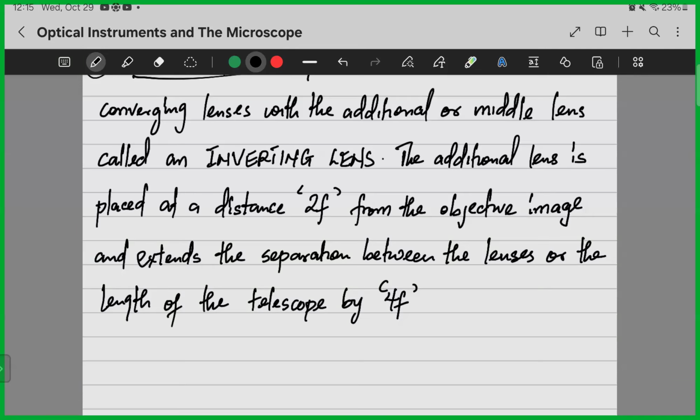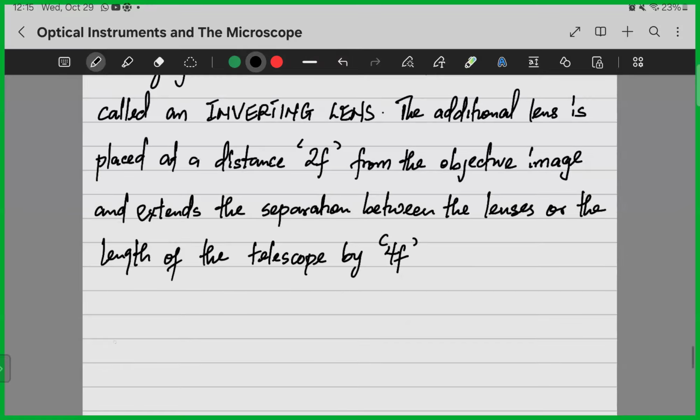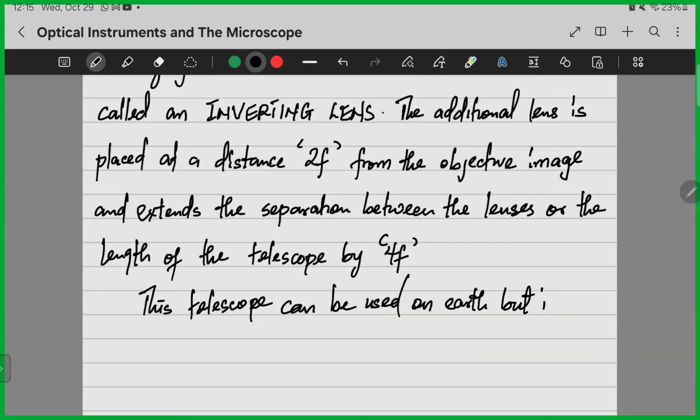Here we have the same idea. What I mean by the same idea is that this telescope can be used on Earth, but it is not cheap.